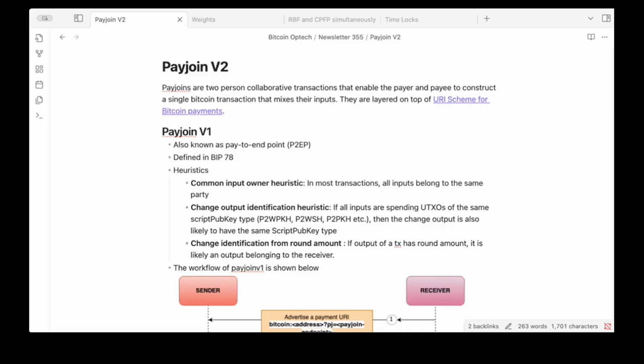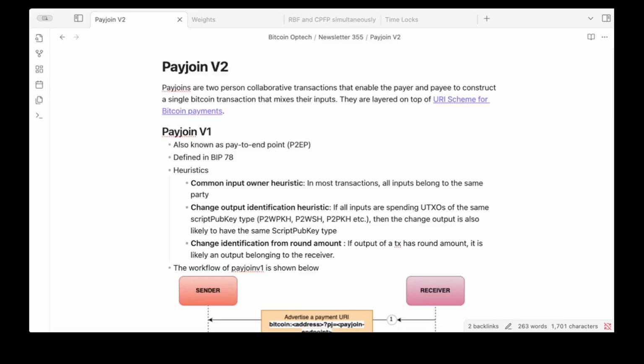If, for example, you do a transaction and at the output side, one UTXO is of a round amount and the other is of some random amount, you can confidently come to a conclusion that the round amount is most likely to be the amount that you paid to the payee, and whatever leftover or small portion of it comes back, you can safely assume to be the change amount.